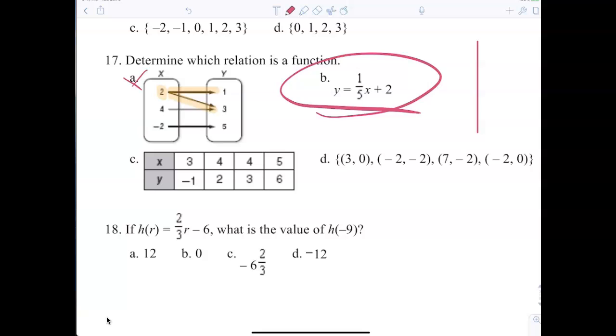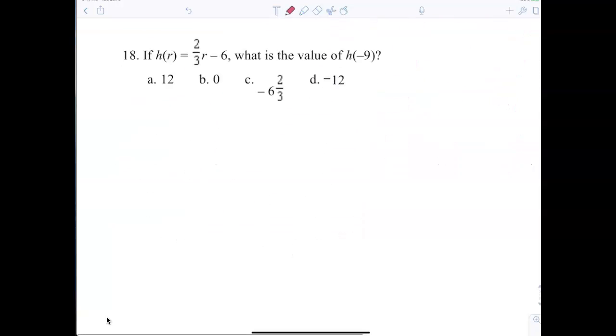It has everything to do with the x's. Every x has to have one y. This x has two y's. This x is written twice, so that's not it. 3, -2, 7, -2 is written twice, not a function. You hear me?